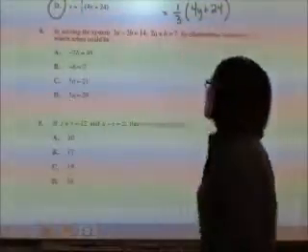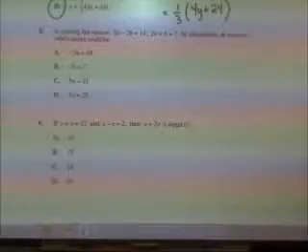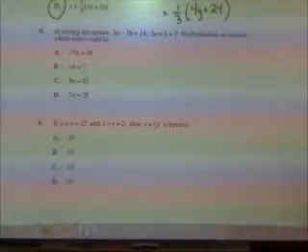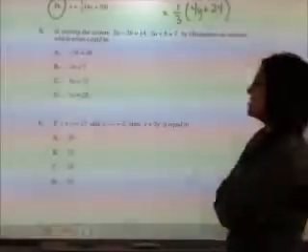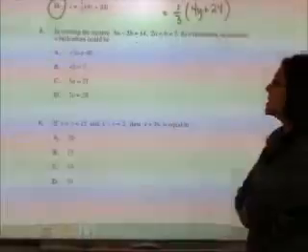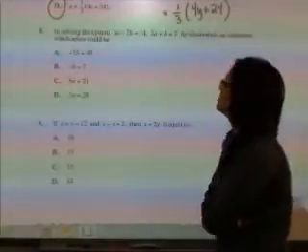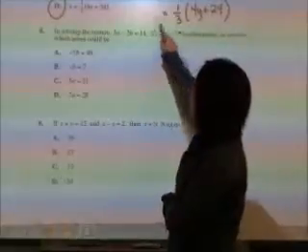Question number 8. In solving the system, 3a minus 2b equals 14 and 2a plus b equals 7 by elimination, an equation which arises could be. So I have to actually check both of them because I do have somewhere it's a b equals and an a equals. So let's say I'm going to try getting rid of the b.